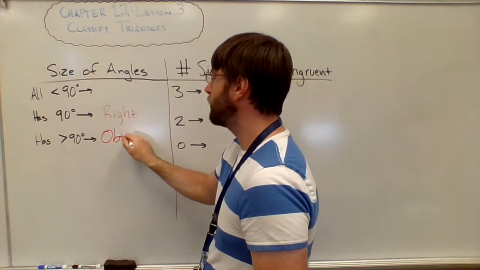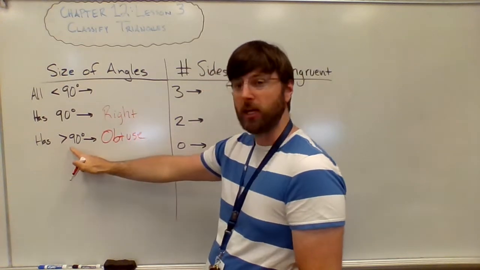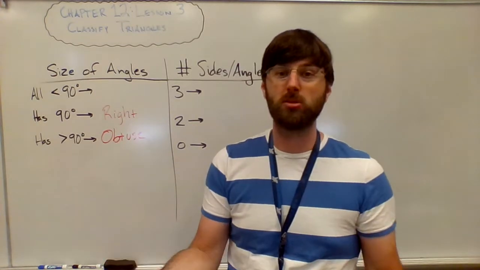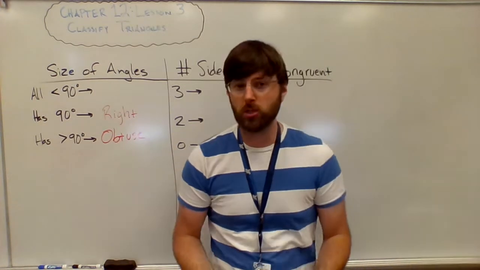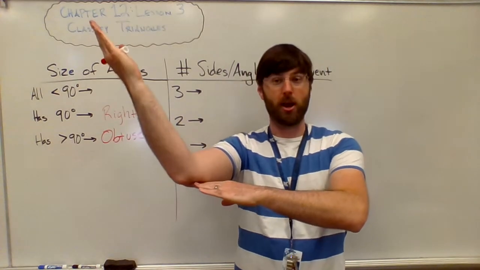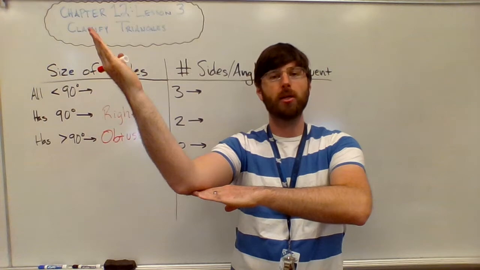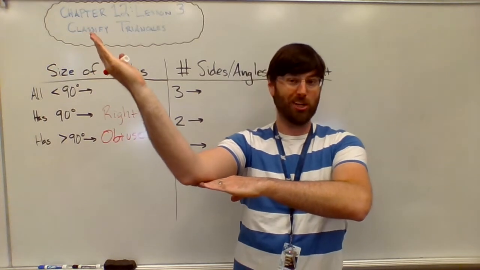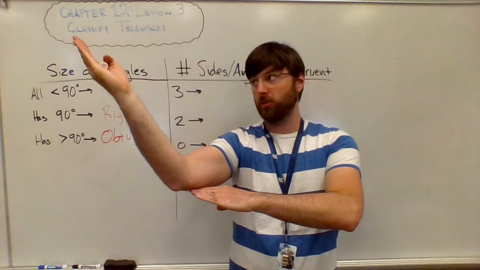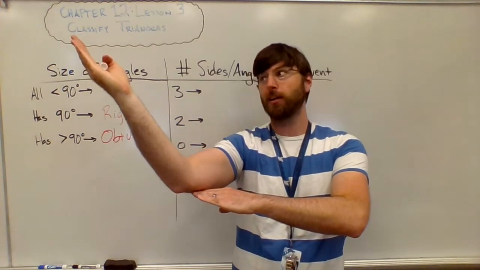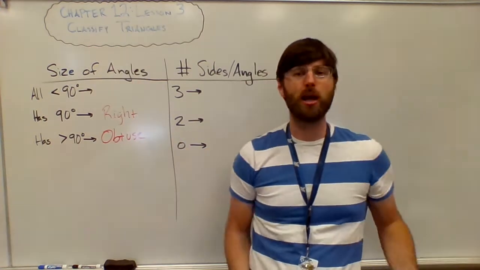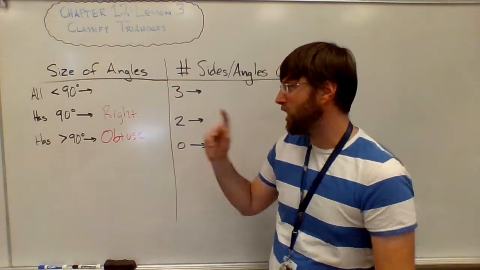Any amount of turn that's greater than 90 degrees is called an obtuse angle. So it works really nicely. This angle of my arms right now is an obtuse angle because the amount of turn is more than 90 degrees. And if I had another arm to connect up here with down here, that would be an obtuse triangle because it contains an obtuse angle.